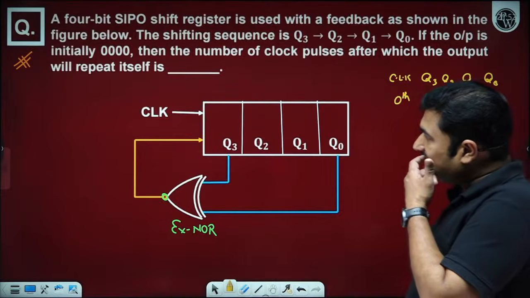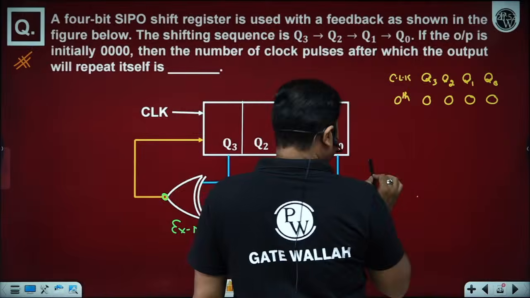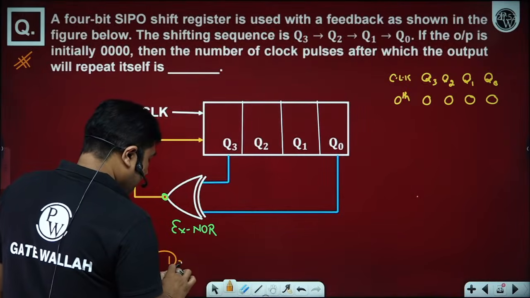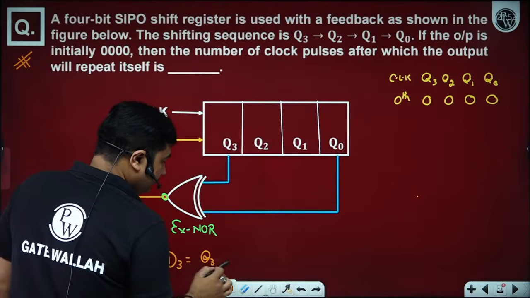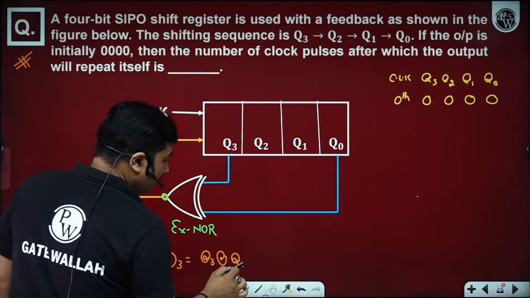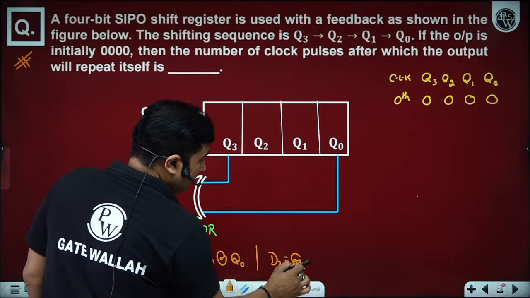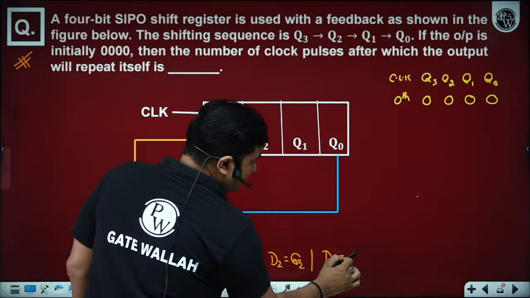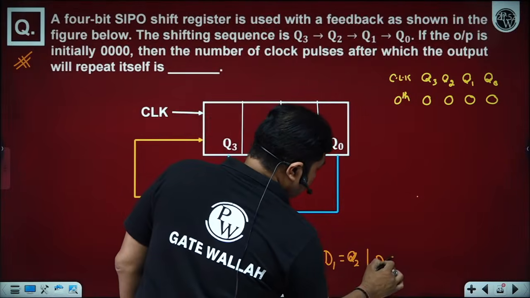And we are using Q3 XNOR Q0 as D3, Q3 as D2, Q2 as D1, and Q1 as D0.